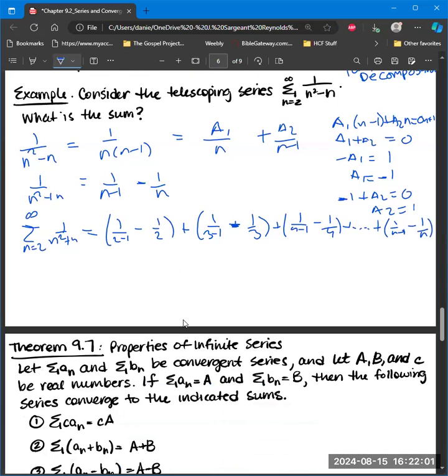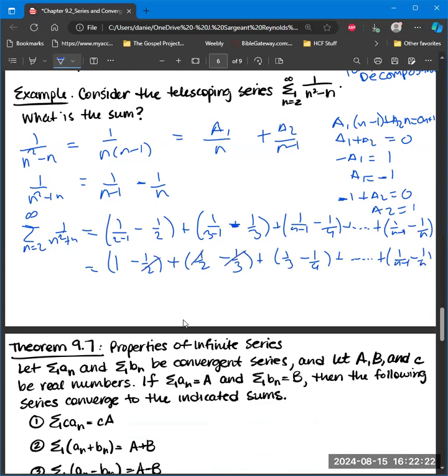So this is going to be equal to 1 minus a half plus a half minus a third plus a third minus a fourth plus dot dot dot plus 1 over n minus 1, minus 1 over n.